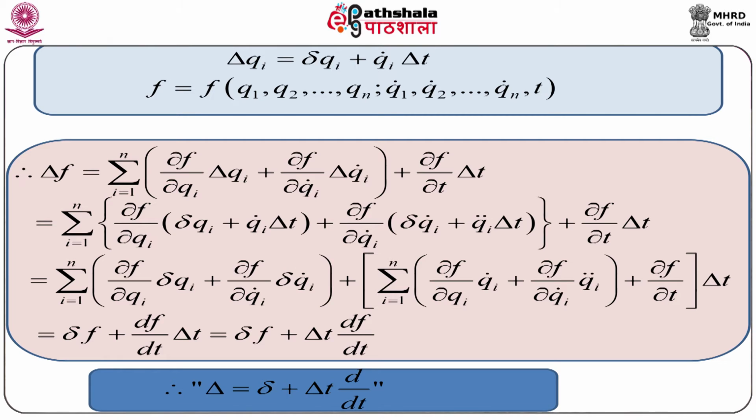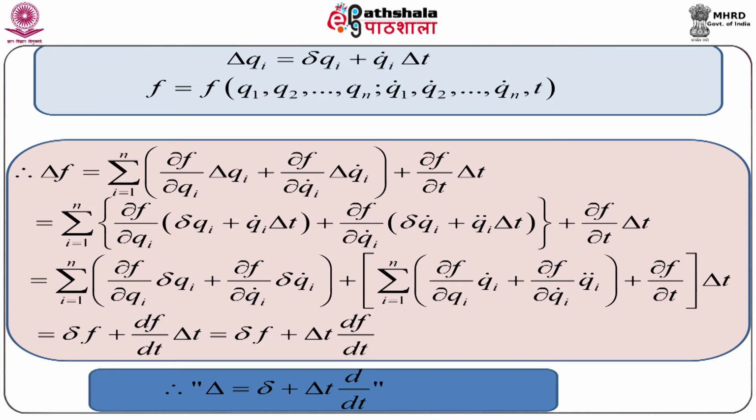Now, writing the similar terms together within the first bracket and within the third bracket, we get the next line. The terms within the first bracket can be written as Kronecker delta f, whereas the terms within the third bracket can be written as d/dt of small f into triangular delta t.